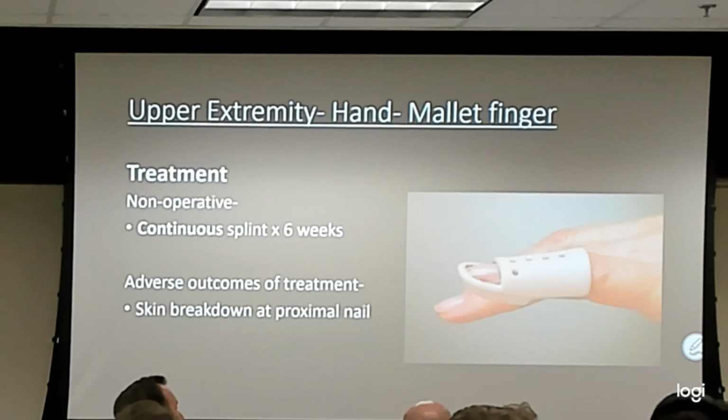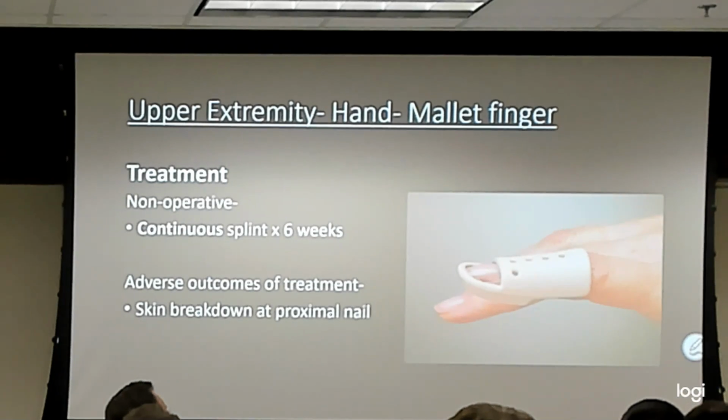I teach them to do it with a table or something. They put their finger down, and they have to use either help or another finger to keep it up to get the splint on and off. But at all times, it must be in that extended position. Again, the second we let it drift down, we've pulled all those healing fibers apart and we've lost the battle.